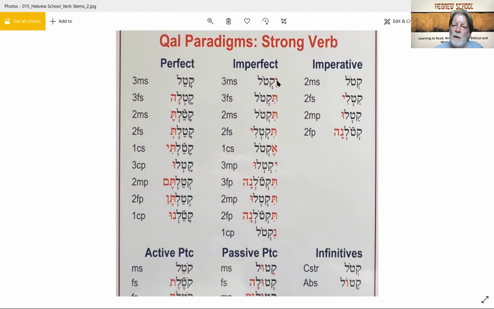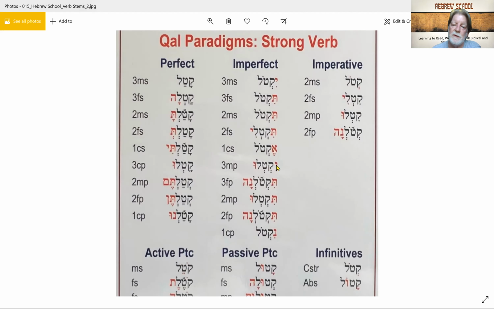Again, the tav is often associated with second person, so keep that in mind. It's also a feminine imperfect prefix. So in a lot of Hebrew verbs, if you see a yod prefix, it's probably a man speaking. If you see a tav prefix, it's probably a woman speaking. If you see an aleph prefix, it's probably me speaking, the first person singular speaking.